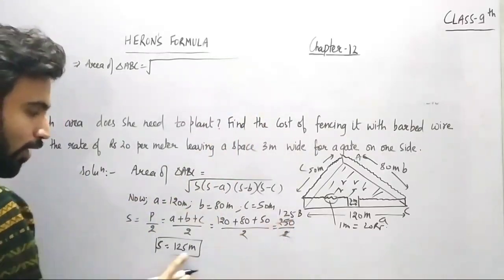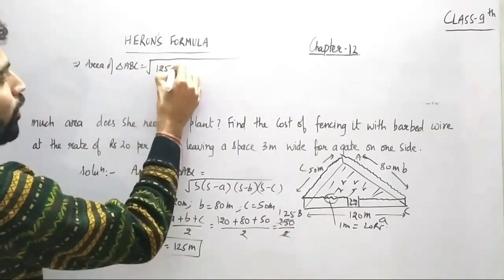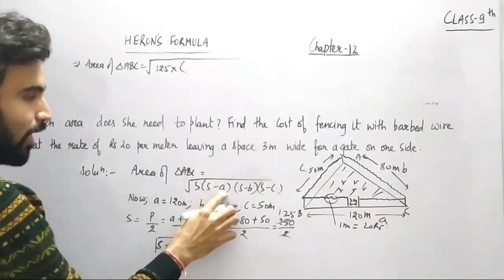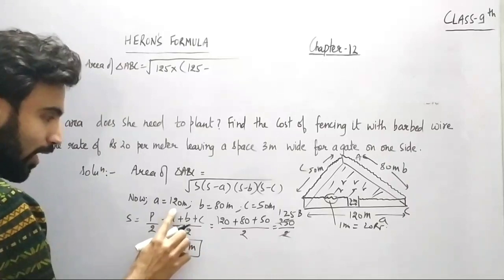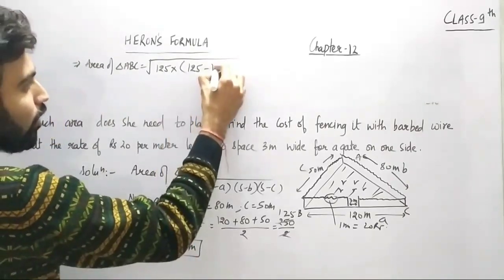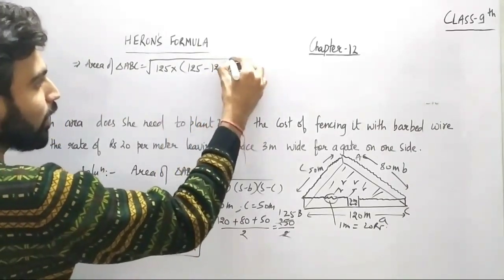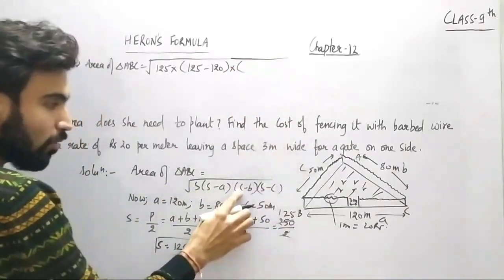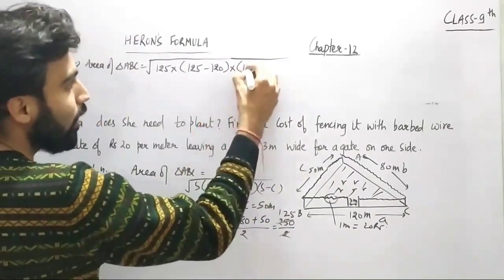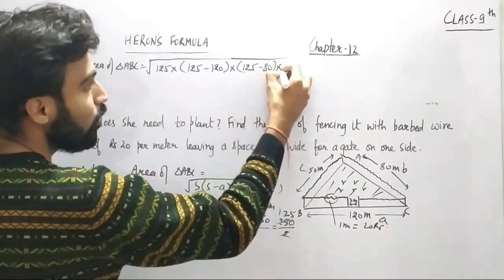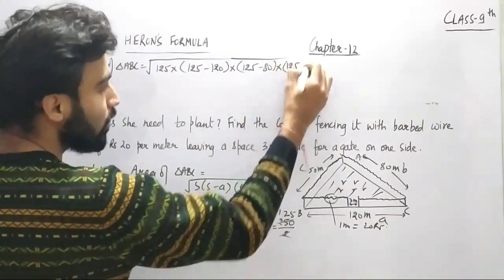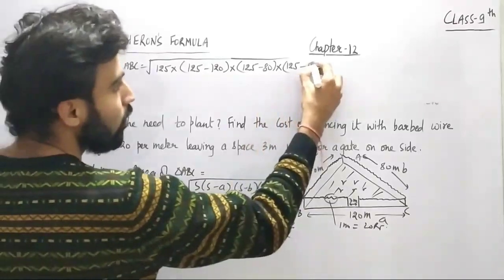So that is 125. Now in the multiplication you can see S minus A, that means 125 minus A. So what is the value of A here? That is 120. Then in the multiplication further you can see 125 minus B. So what is B here? That is 80 into you can see 125 minus C. So what is C? That is 50.